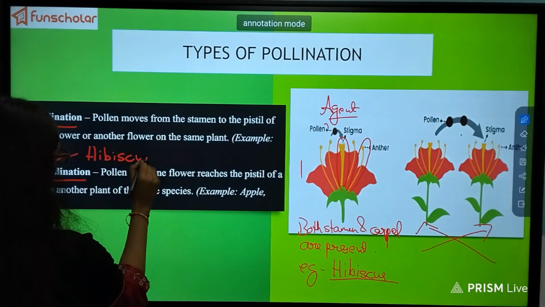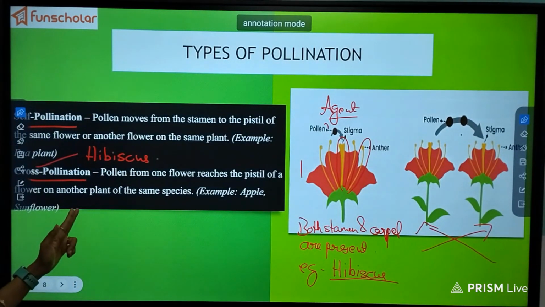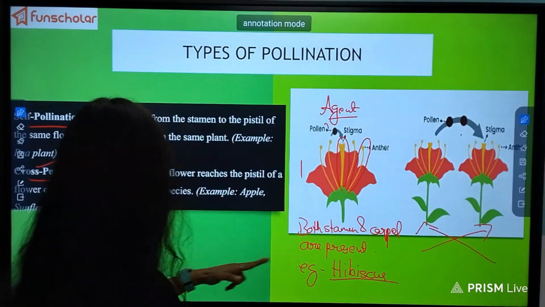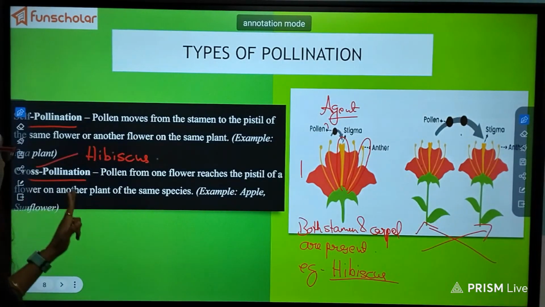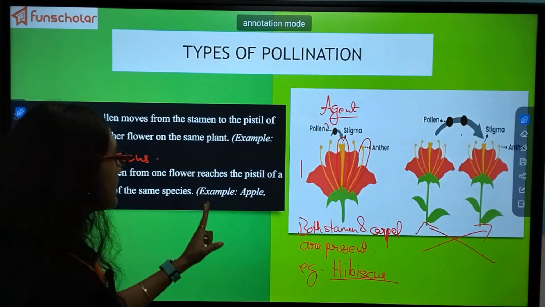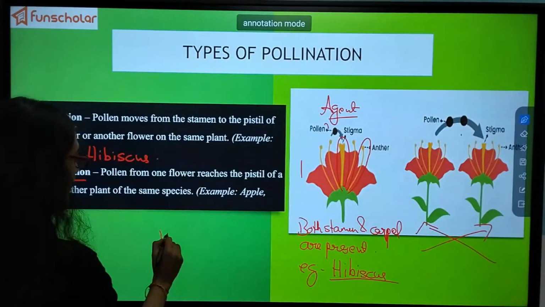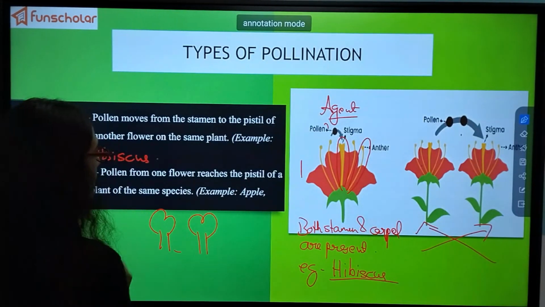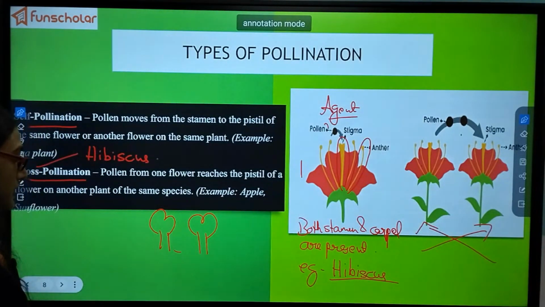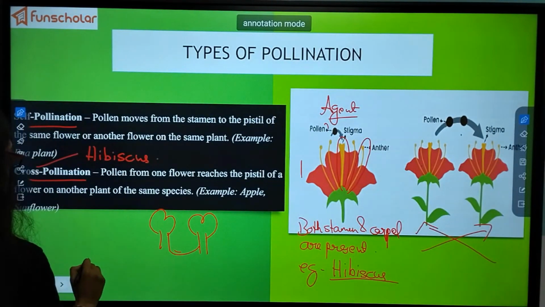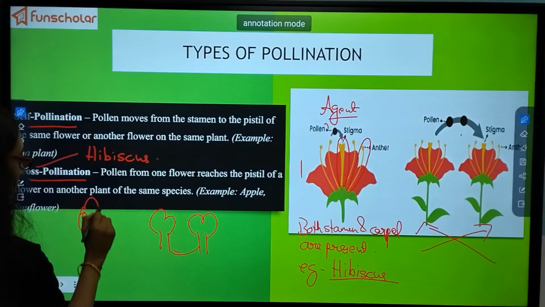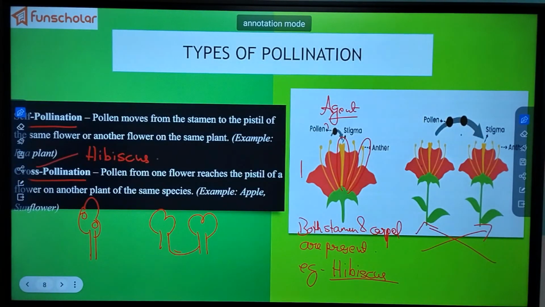Cross-pollination: pollen grains from one flower reach the pistil of another plant of the same species. The plant has to be different in cross-pollination, but in self-pollination it can be the same plant, the same flower, or a different flower of the same plant.